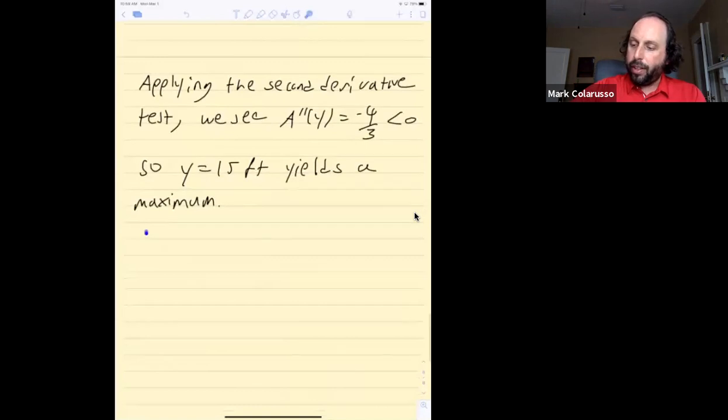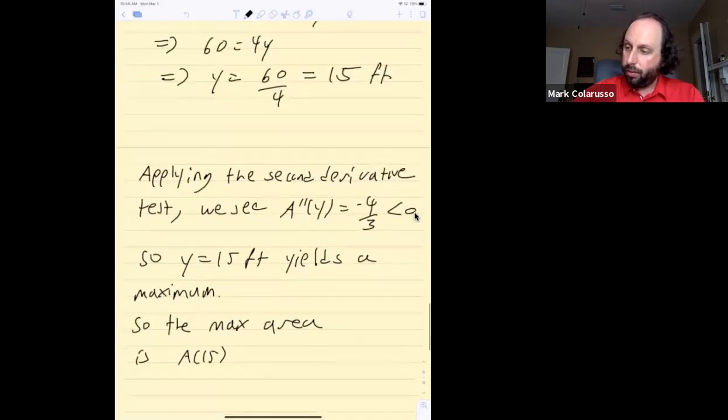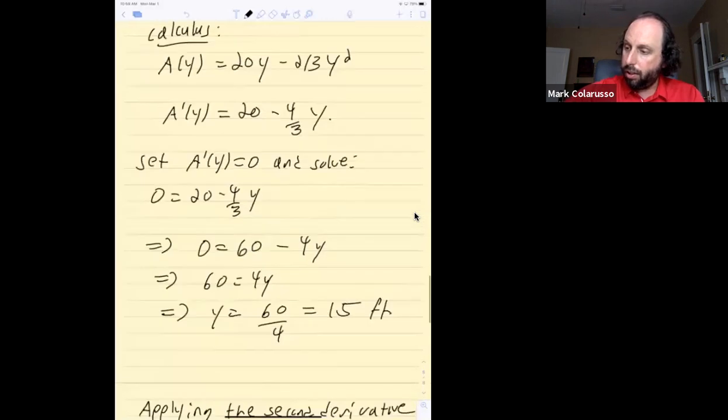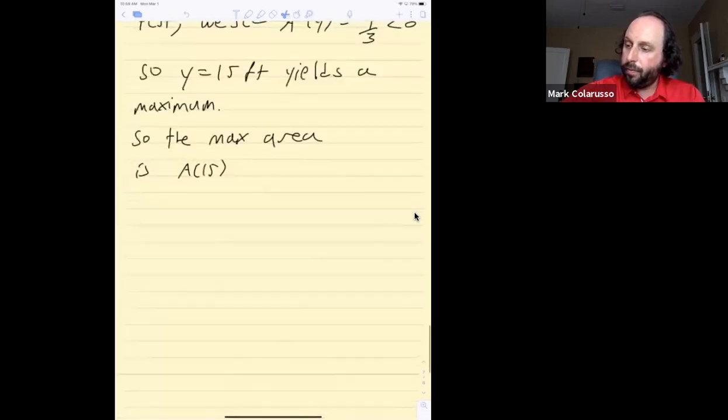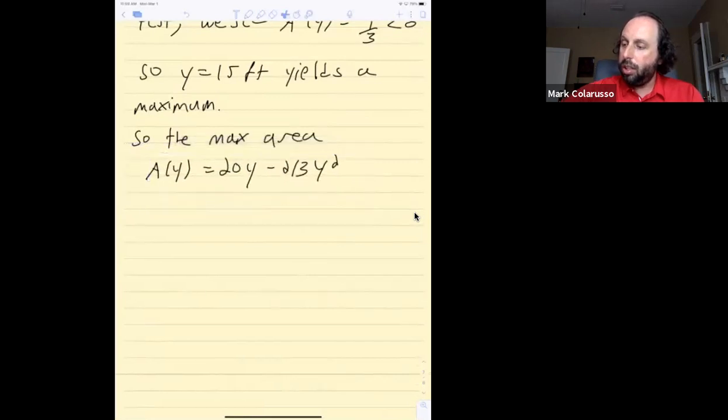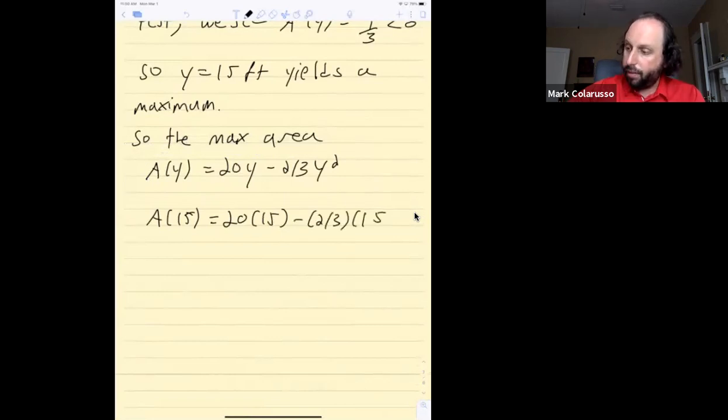The max area is A at 15, which is 20 times 15 minus 2/3 times 15 squared.